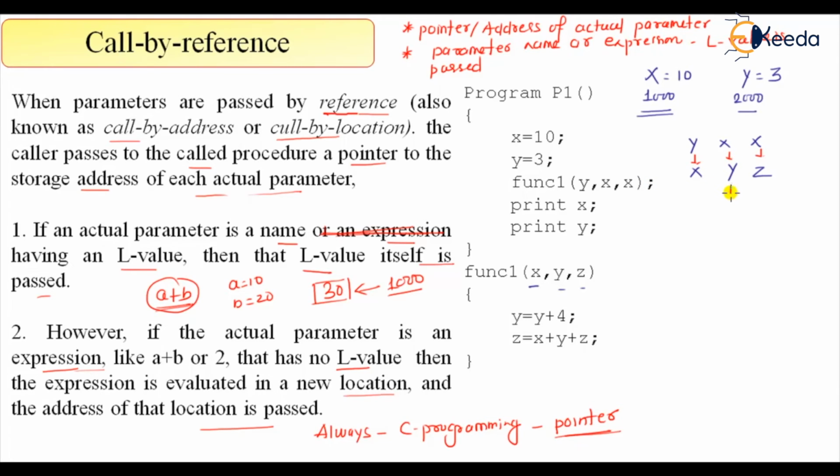So x, y and z basically contain locations. Y contains the location of x, z contains the location of x, and x contains the location of y. I know it sounds confusing, but here it is like that only.